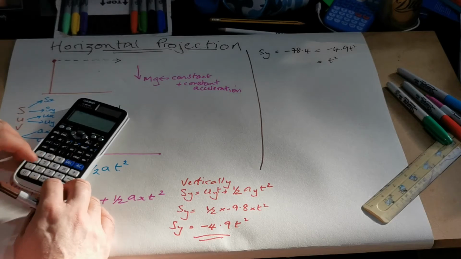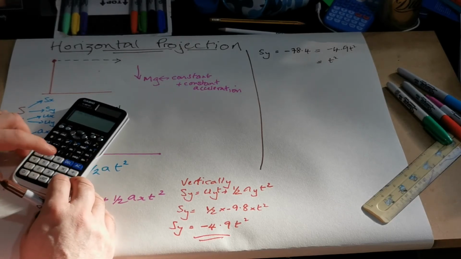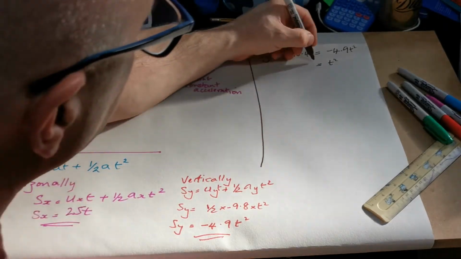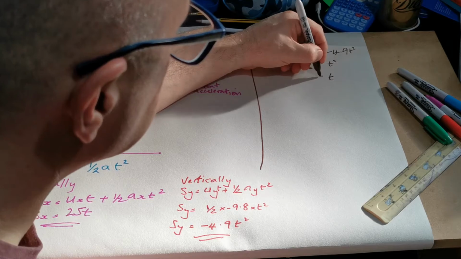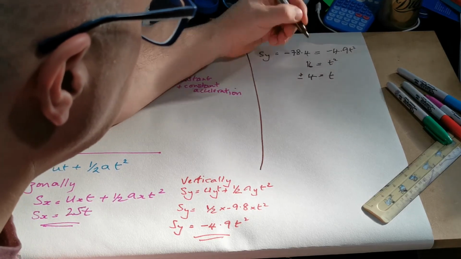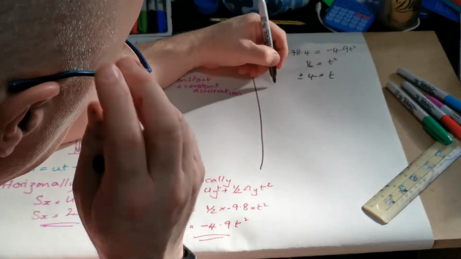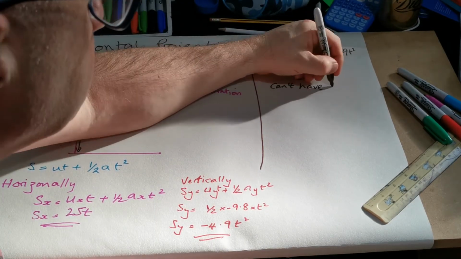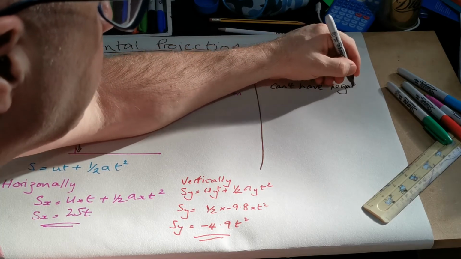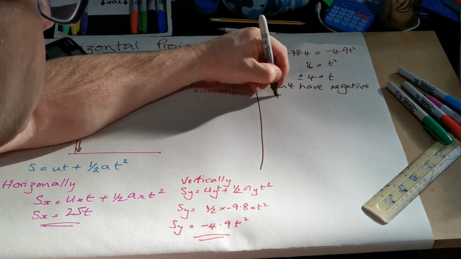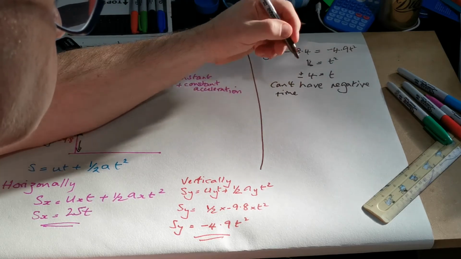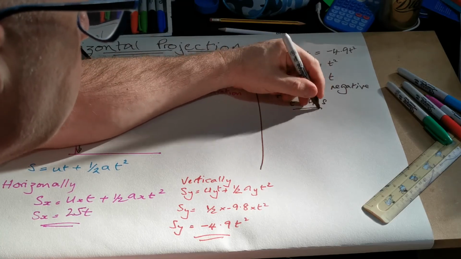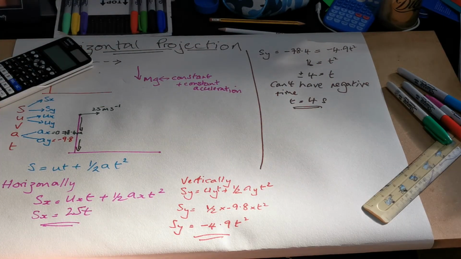So minus 78.4 divided by minus 4.9 is equal to 16. So t is equal to plus or minus 4, but we can't have negative time. So t is equal to 4 seconds. So that's the time taken for it to reach the surface.